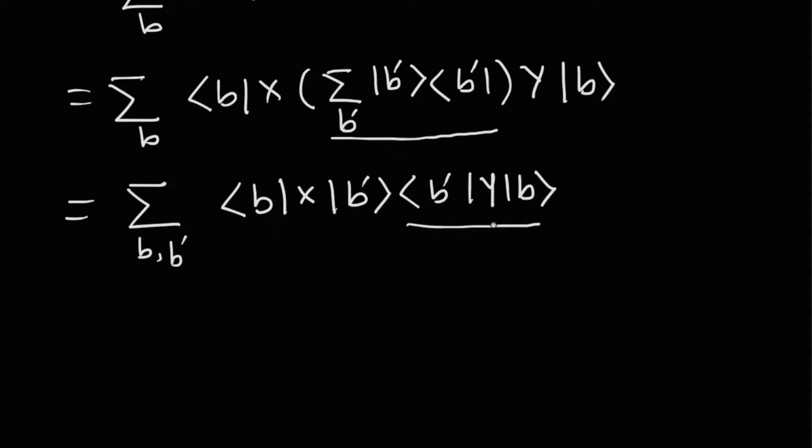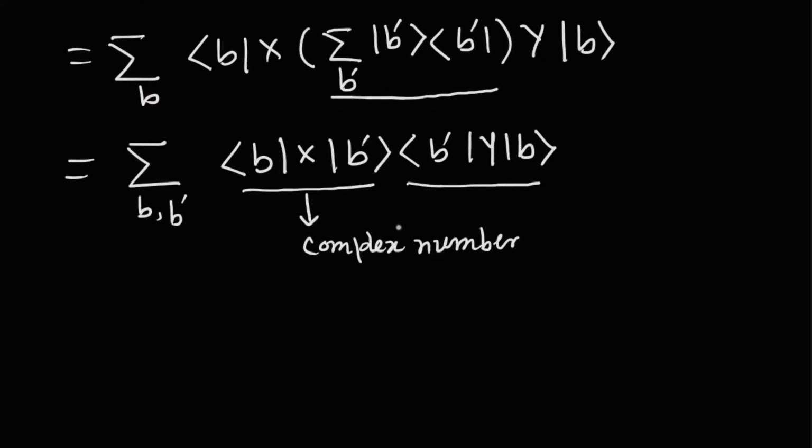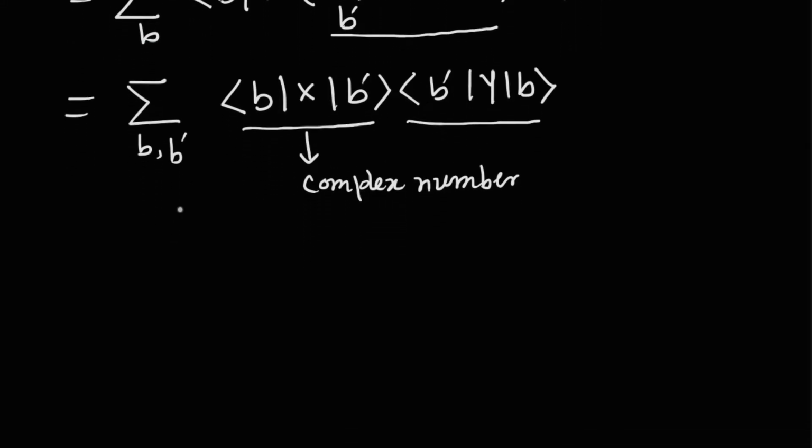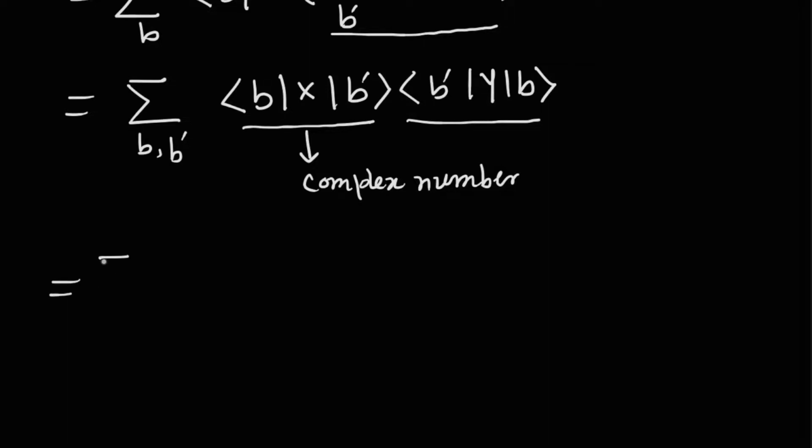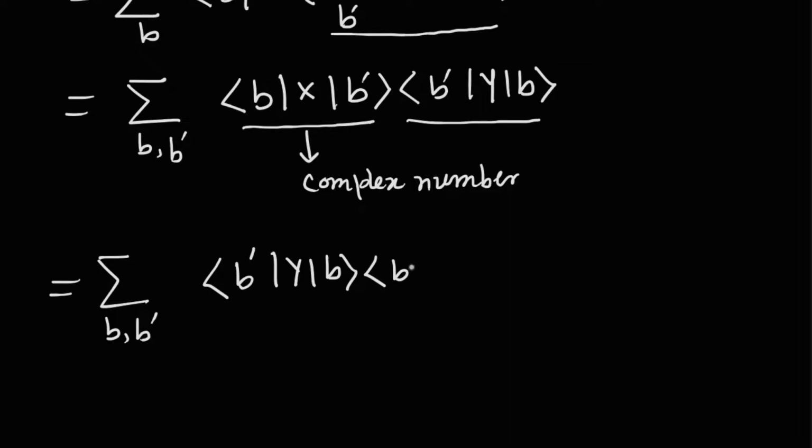Since these two are generally complex numbers, we can interchange these two. That means we can write it as <b'|Y|b><b|X|b'>.